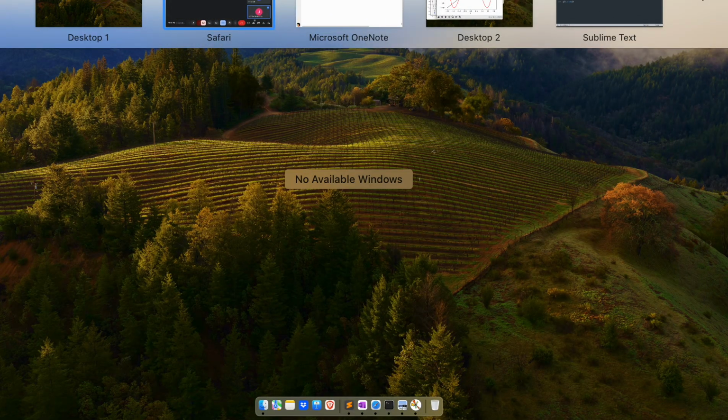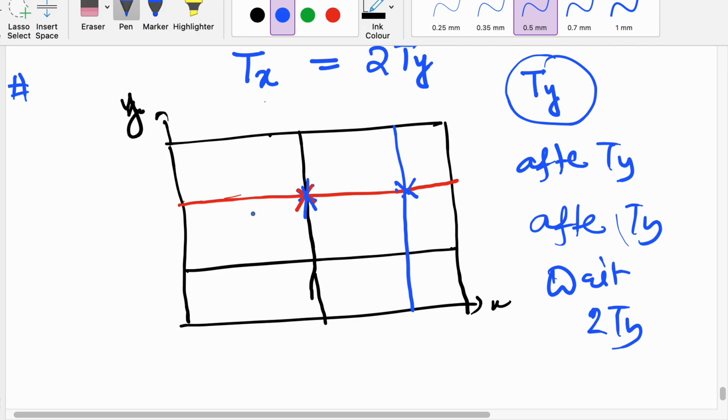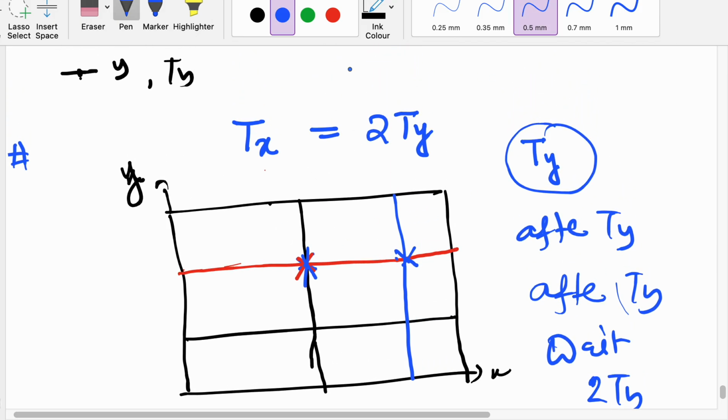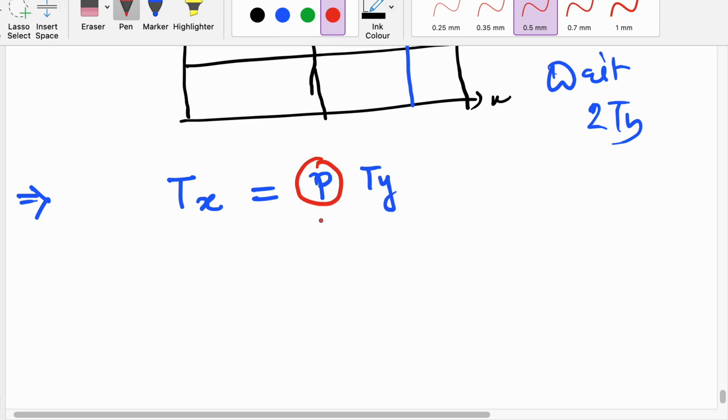Okay, an interesting thing will happen, and it's a little bit tricky. You will see that tx will be some multiplication, suppose p ty, but this p will not be a rational number.